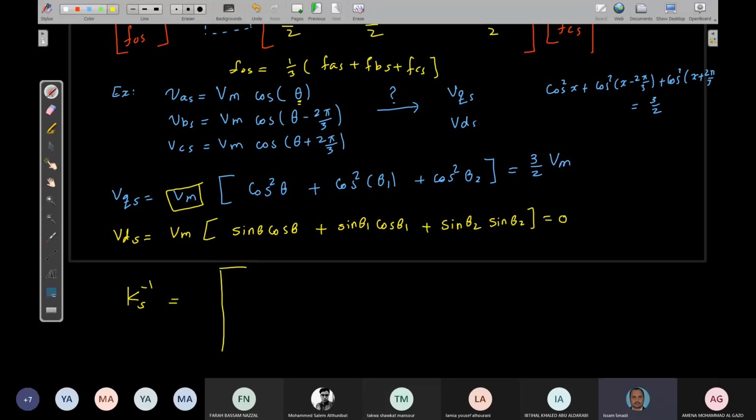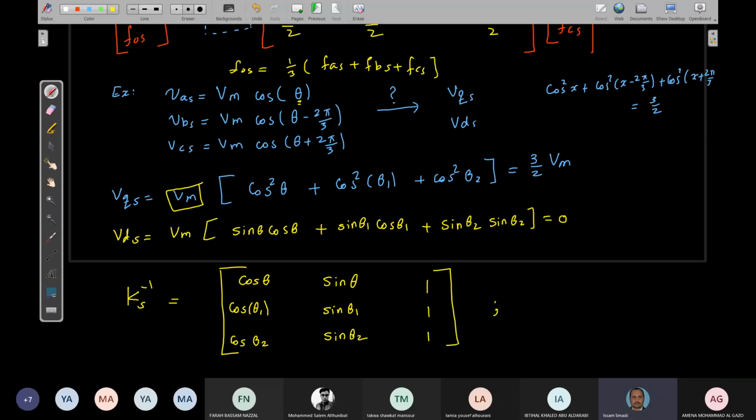If I do the inverse, it will equal cosine theta, sine theta, 1; cosine theta 1, sine theta 1, 1; cosine theta 2, sine theta 2, and 1.